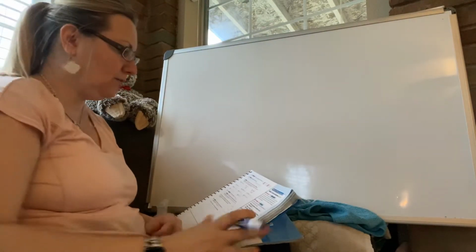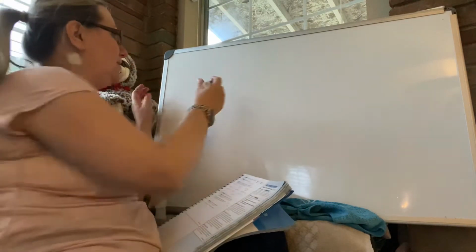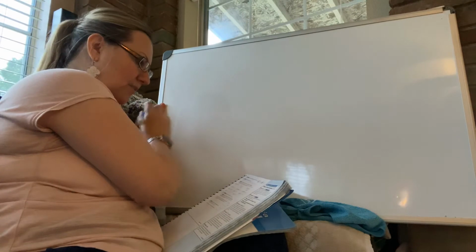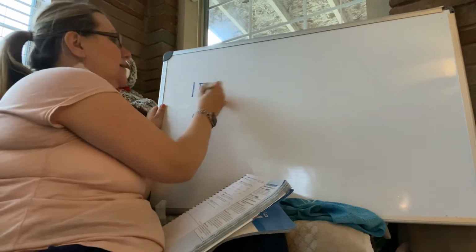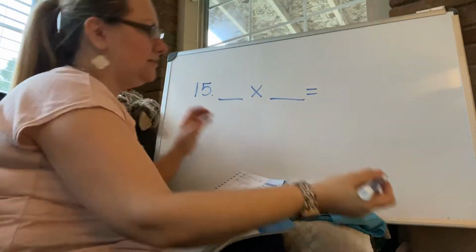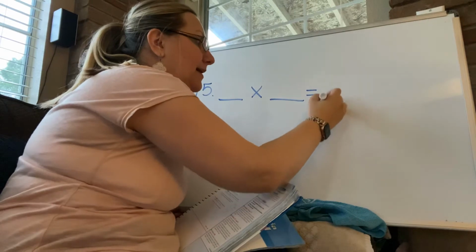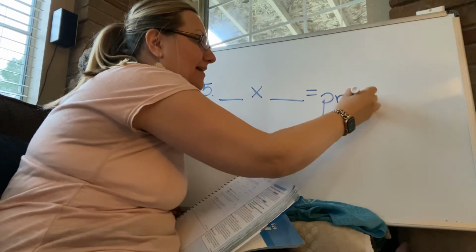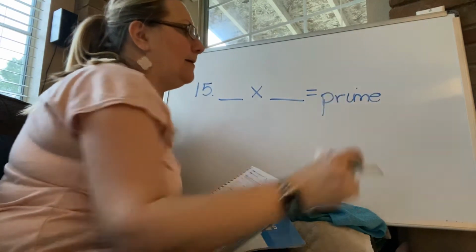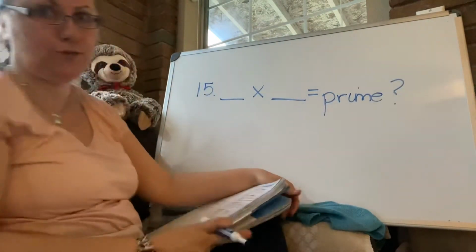So the first thing I might try, let's see, is the product of 2 prime numbers prime? So we might want to set this up like something times something equals a prime number. That is what we are trying to find out. Okay. If prime times prime, is it still prime?